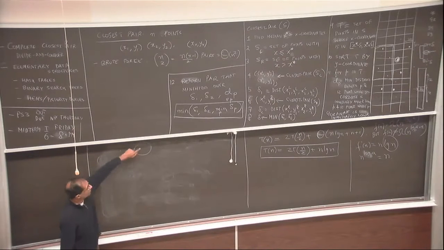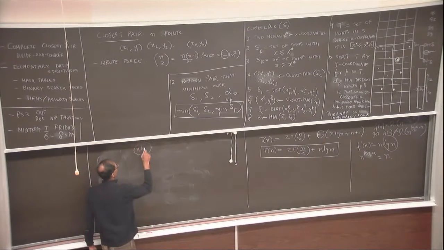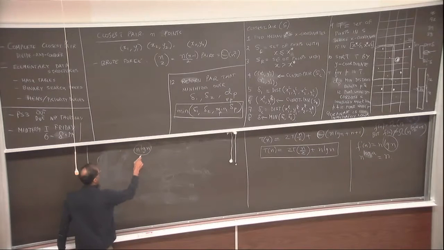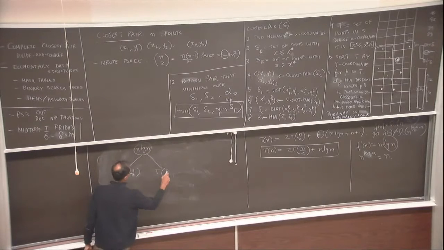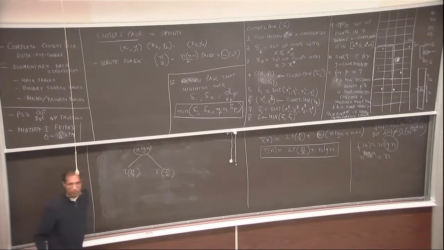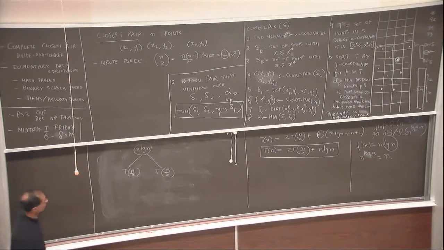So what do I put here? n log n. And then I have T of n over 2, T of n over 2. I think it will be good for all of you to try to work this out on your own, if possible, and then try to match with what I'm doing here.